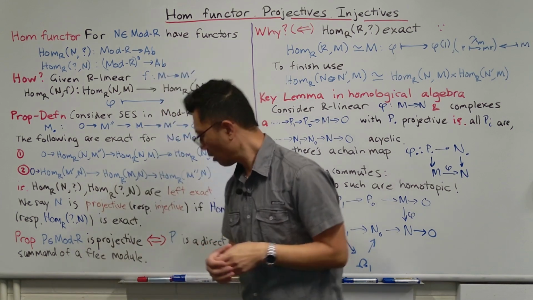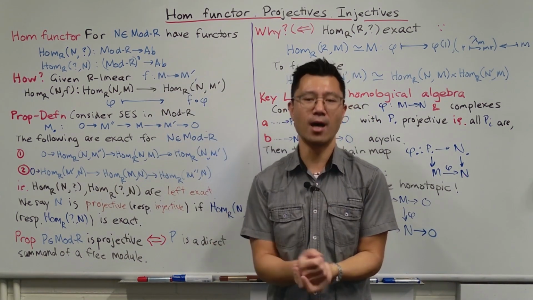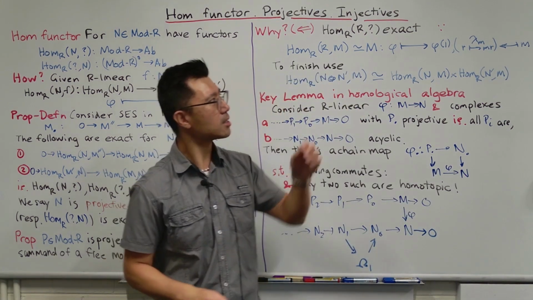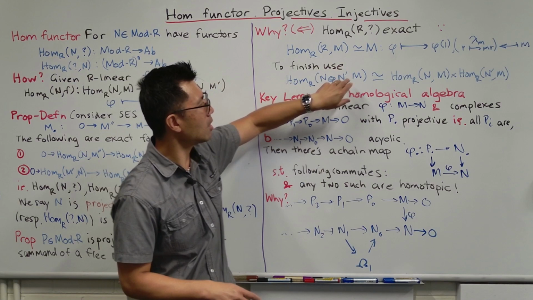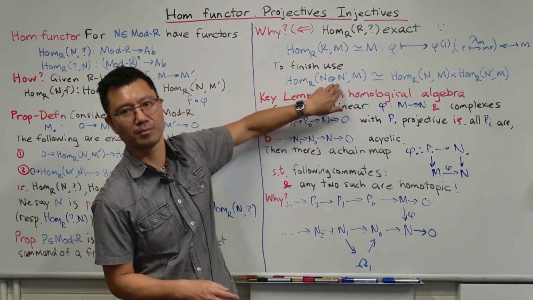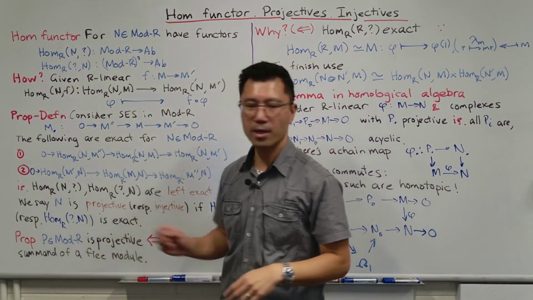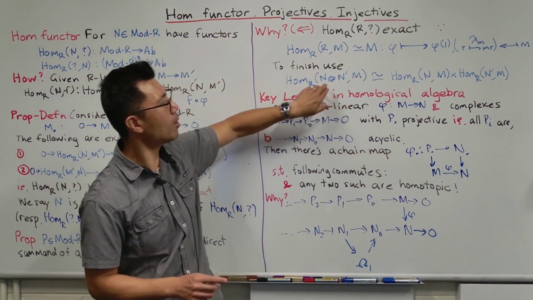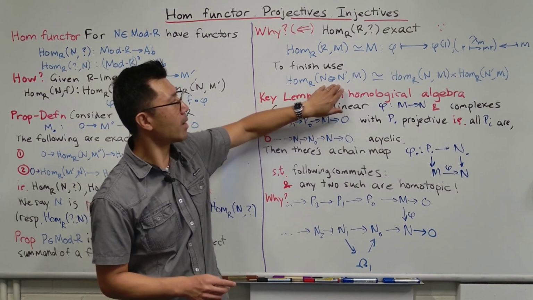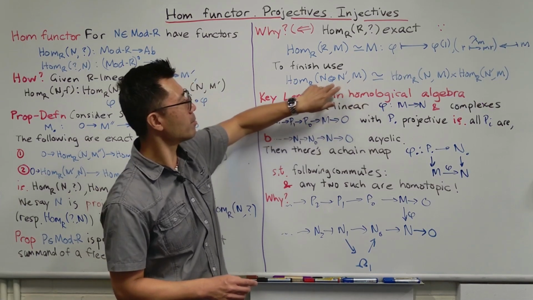And then what about free modules? Free modules are just direct sums of copies of R, so it's very natural to study the hom functor when you look at a direct sum. I won't go through all the details, but this is the key point. If you have Hom_R of a direct sum N ⊕ N' into M, how do you get a homomorphism from here to here?